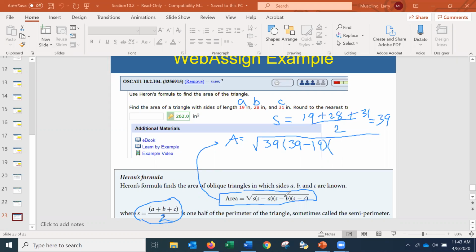Then the next parenthesis is S minus B. That's 39 minus 28. And the last parenthesis is S minus C, 39 minus 31. And then this will be a job for your calculator.